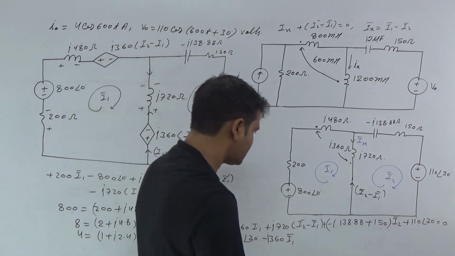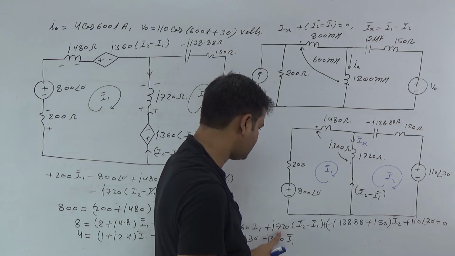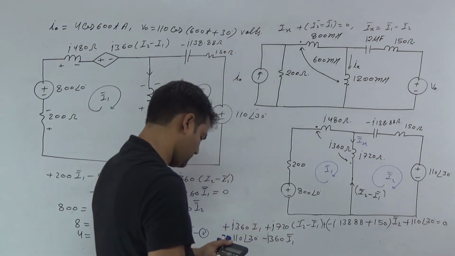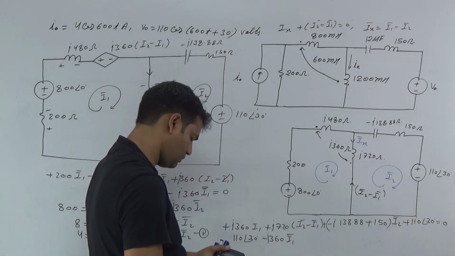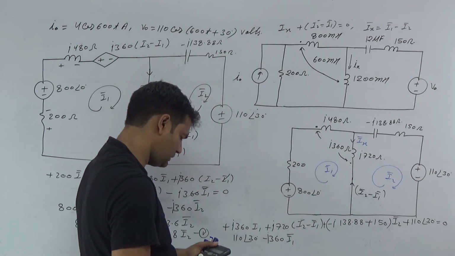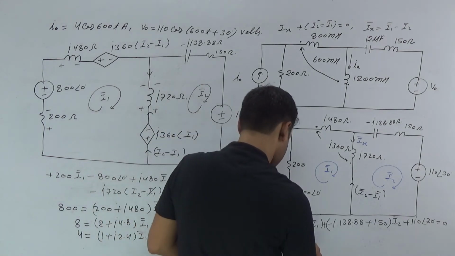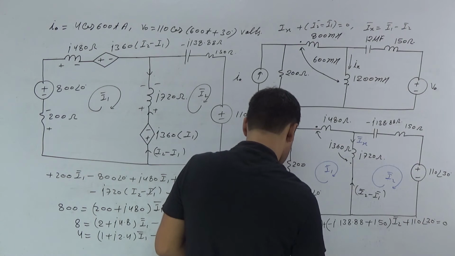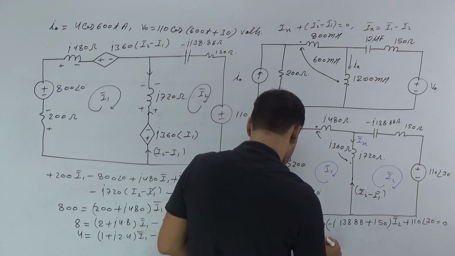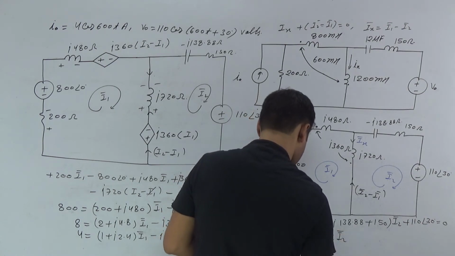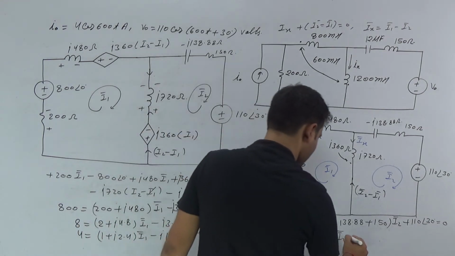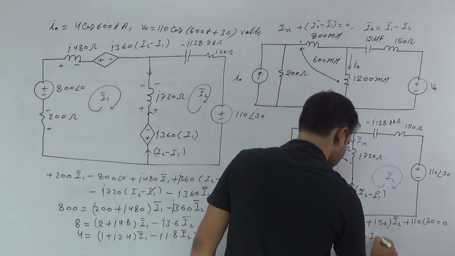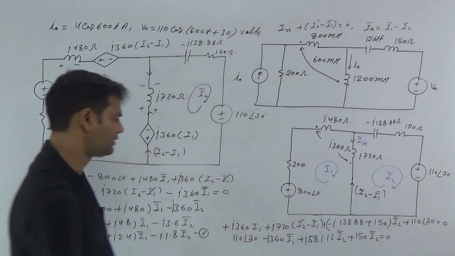Okay, and j720 minus 138.88, that is plus j581.12 I2. This is equal to 0.